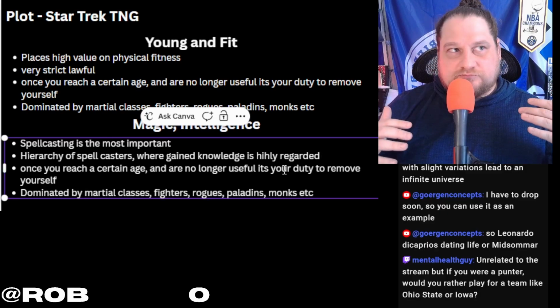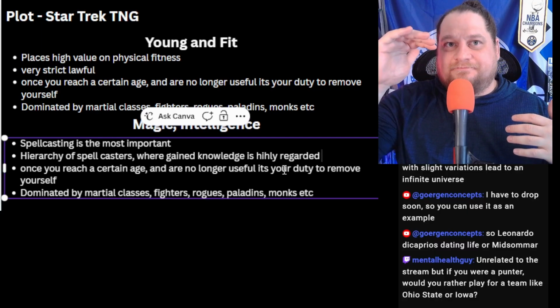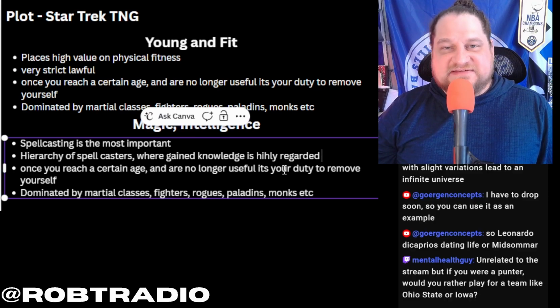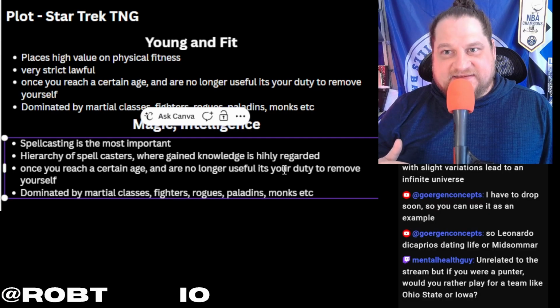So, wizards would be at the very top because they learned everything themselves. And then you'd have maybe bards underneath that.